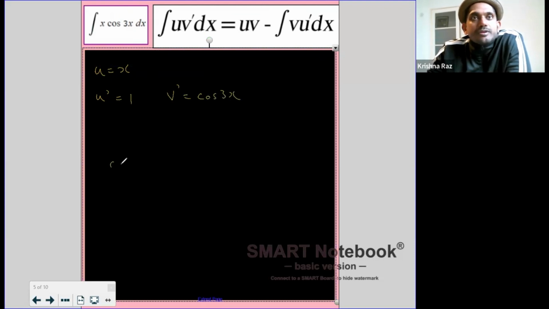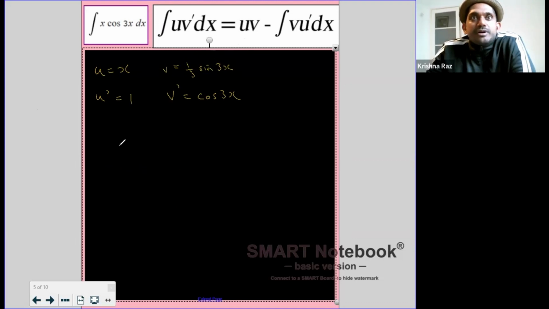If we remember that cos differentiates to minus sine, sine differentiates to cos, therefore there is no sign change when we integrate cos. We will have v equals a third sine 3x.